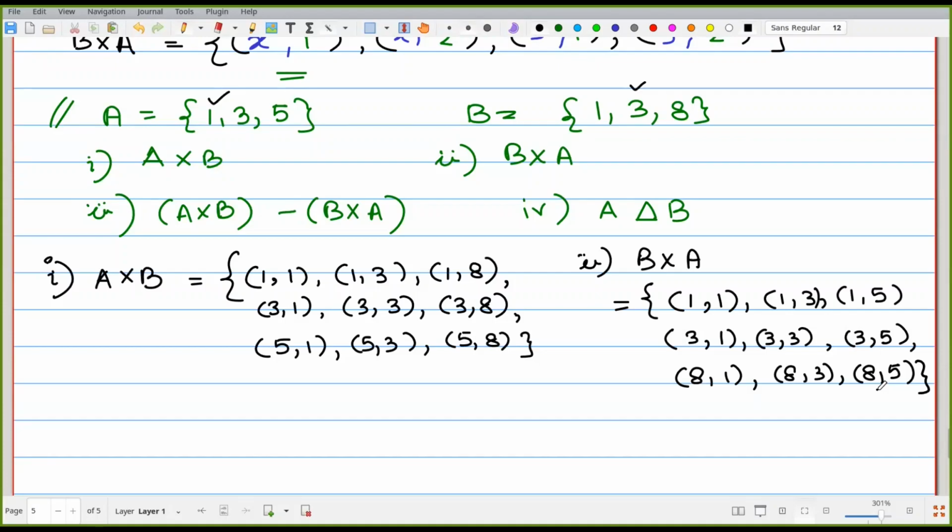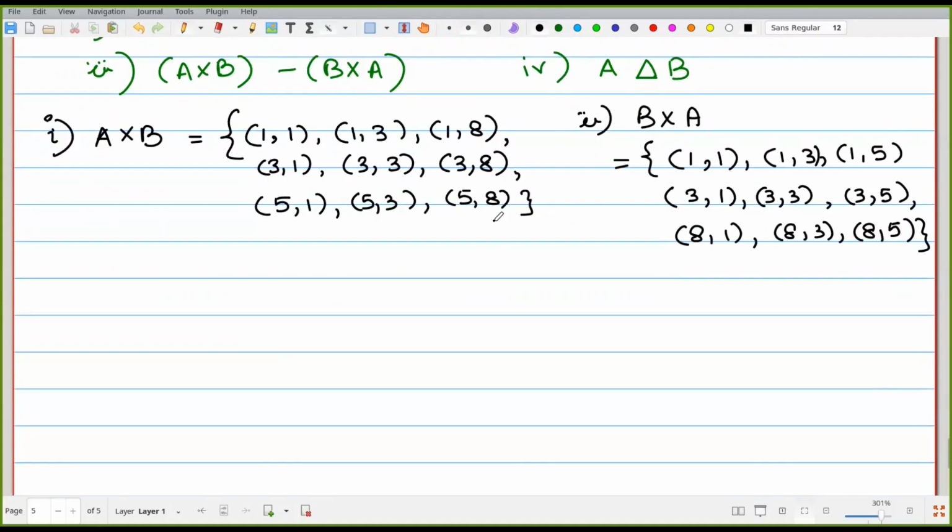Next one, what should be A cross B minus B cross A? When that is the difference operation or the subtraction operation, that means B cross A must be removed, and only A cross B we can write at that moment. So I am not writing B cross A, I am writing just A cross B at first.